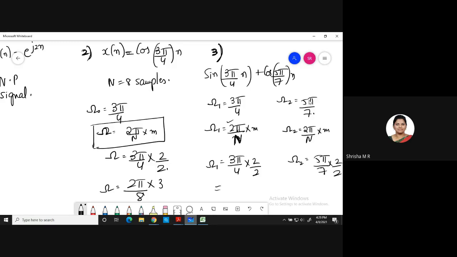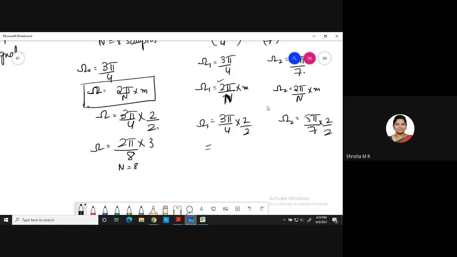So what do you get? I'll rearrange that. I get 2 pi into 3 by 8, and this is omega 1, and omega 2 is 2 pi into 5 by 14. So my n1 is 8, n2 is 14.